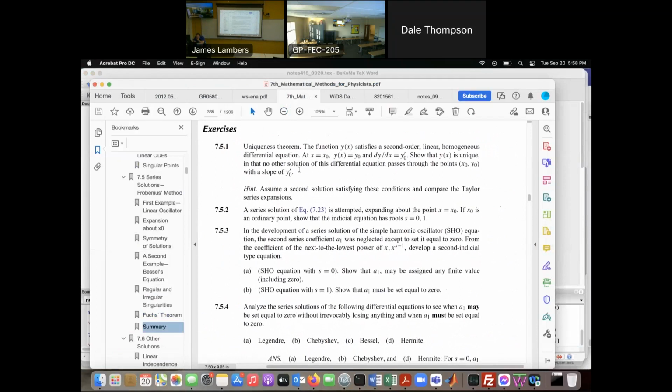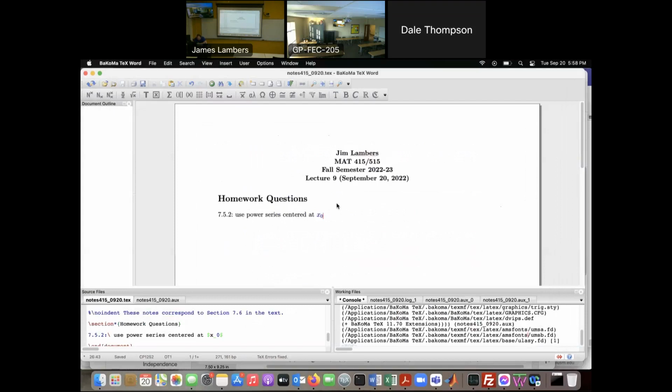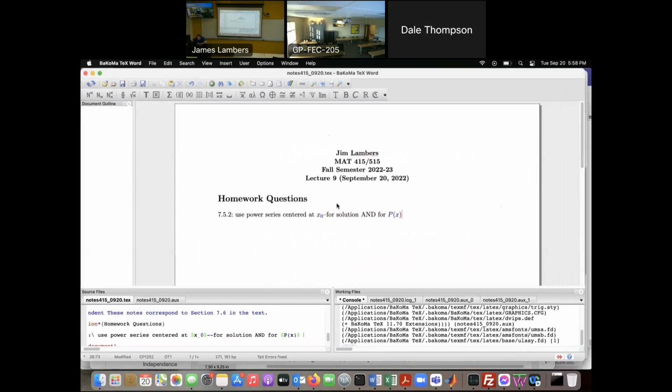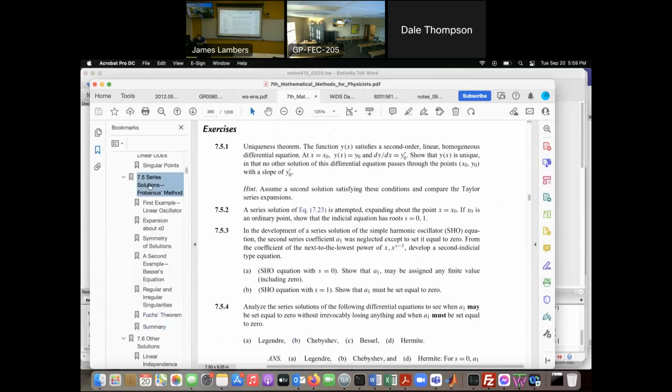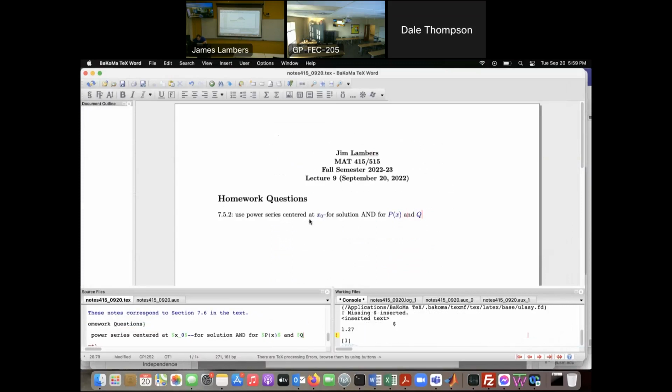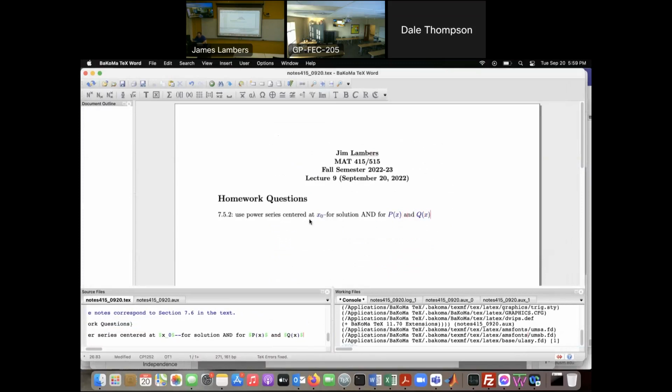And the reason for the assumption is that you use it for a solution and for the coefficients in the ODE.